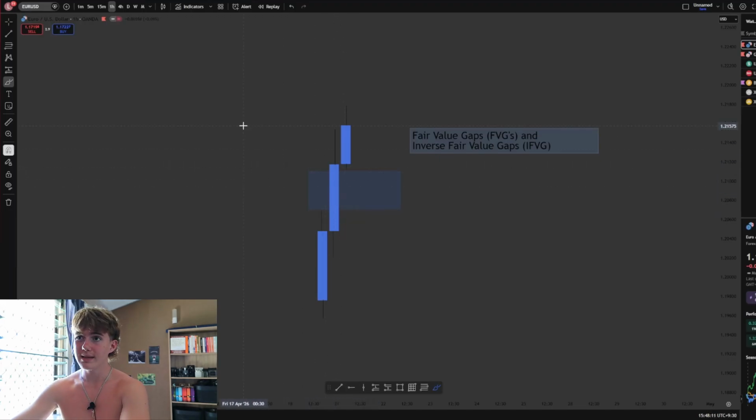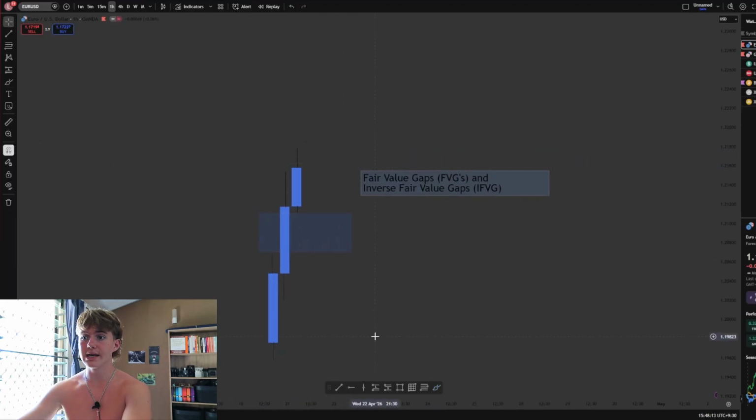And this gap is likely to get respected, because if there were no sellers in that area, then when a candle comes into this gap, it doesn't have to wick, it just has to come into it.